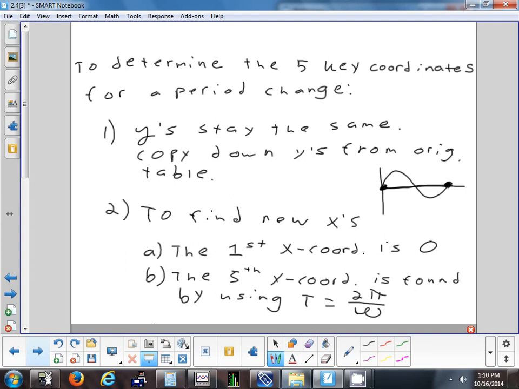Okay, so now we've got the beginning, we've got the end. What do we know about all the x values in terms of the spacing? They're all equally spaced, they're all the same spacing. So if we've got the beginning and we've got the end, what would common sense tell us to find next? The middle. Now if we think of these as numbers, say you had the number 10 and then the number 30, how do you find what's in the middle?